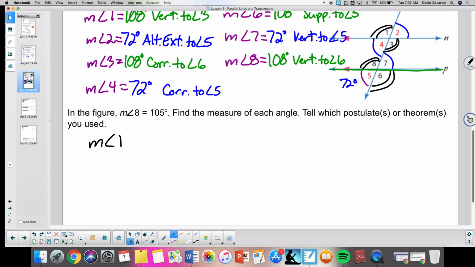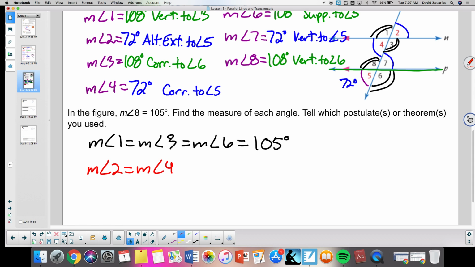So we know the measurement of angle 1, the measurement of angle 3, the measurement of angle 6 are all going to match up with angle 8, which means the measurement of angle 2, the measurement of angle 4, the measurement of angle 5, and the measurement of angle 7 are all going to be supplementary to that angle. So in this case, 180 minus 105 gives us 75. So they're all going to be one or the other.